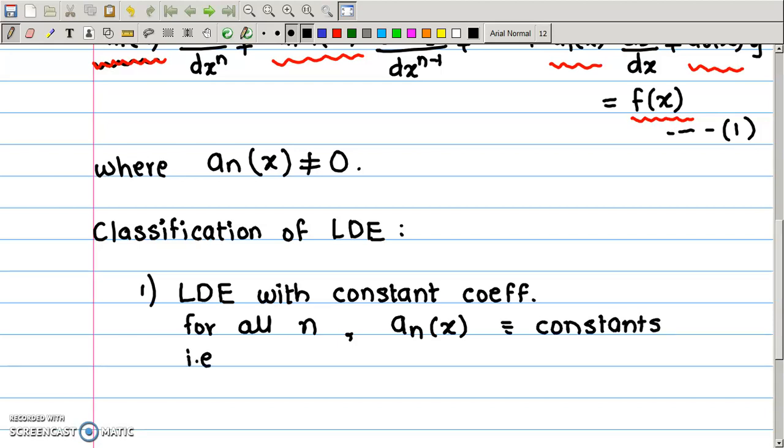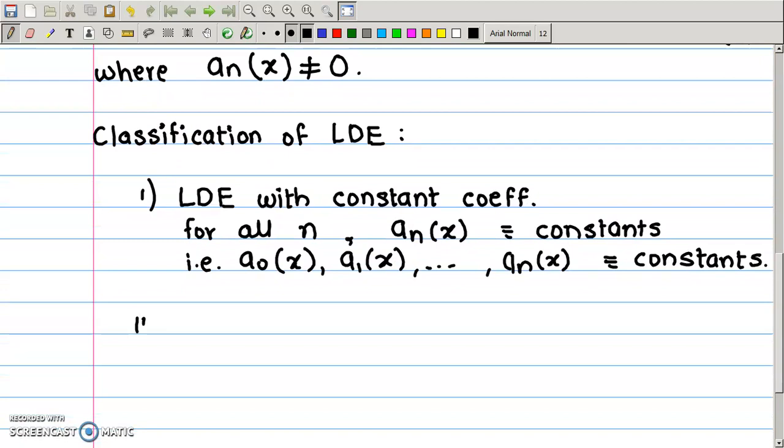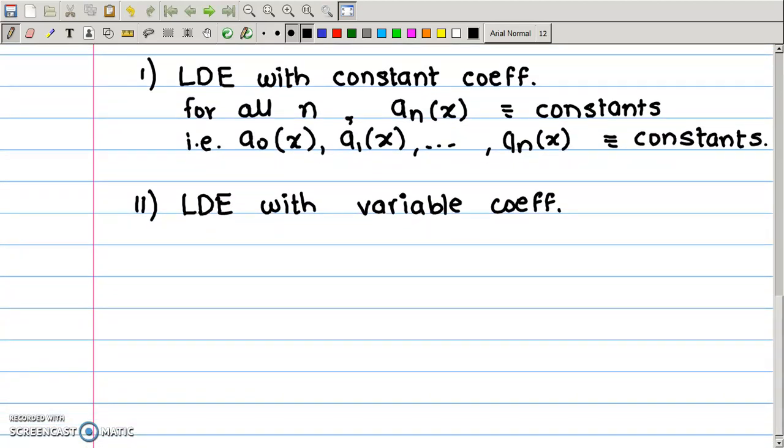That is, a0 x, a1 x up to a n x, these are constants. So this is the first type of linear differential equation, and the second one is linear differential equation with variable coefficients. Here all a n x are some functions of x.